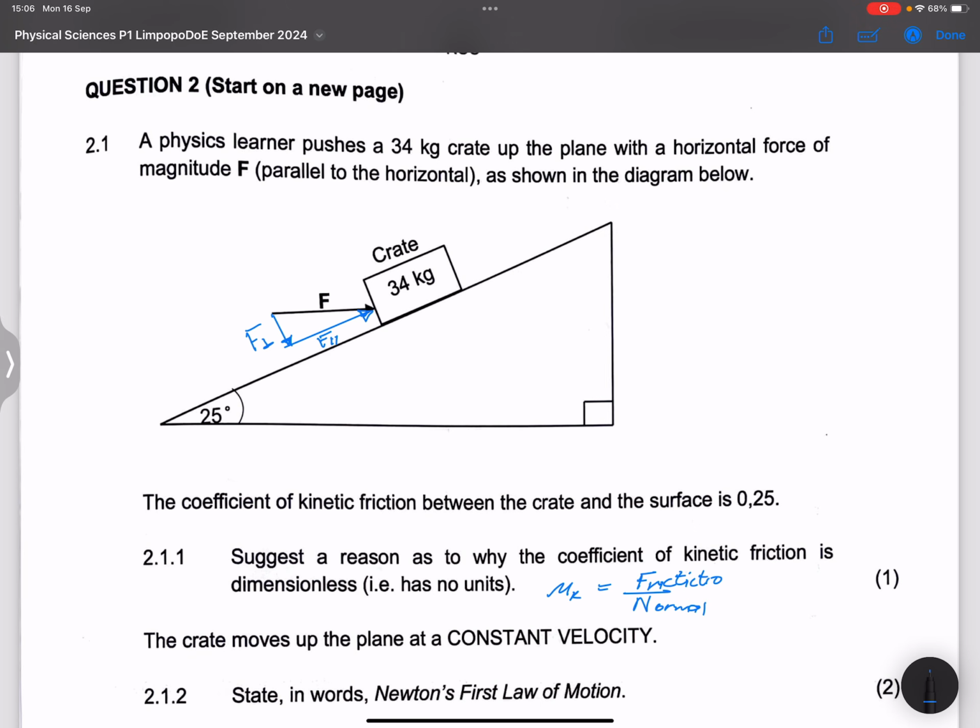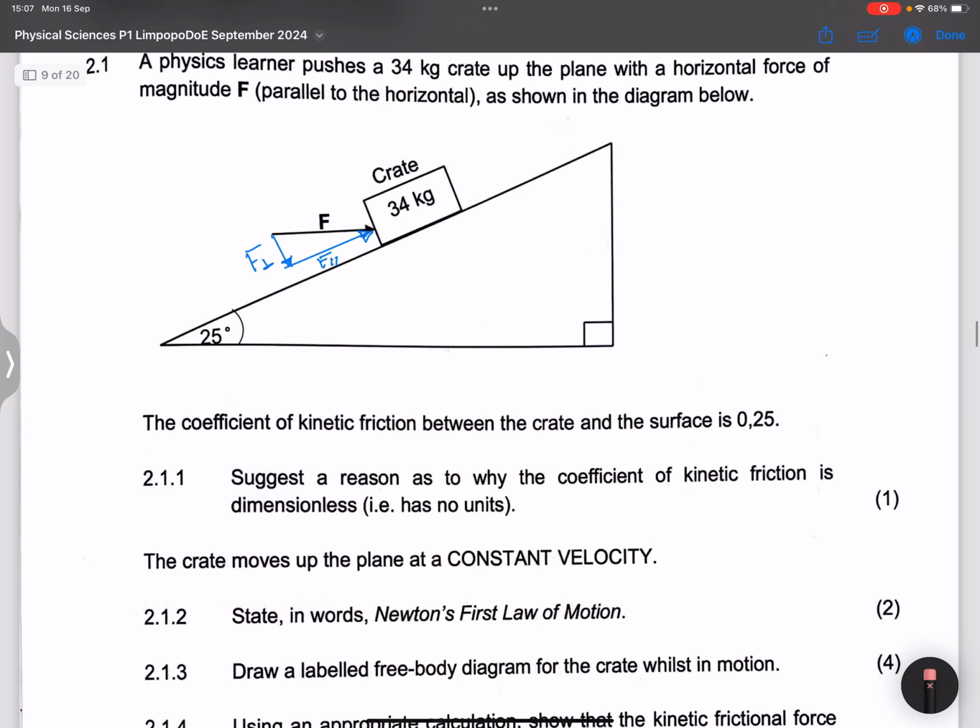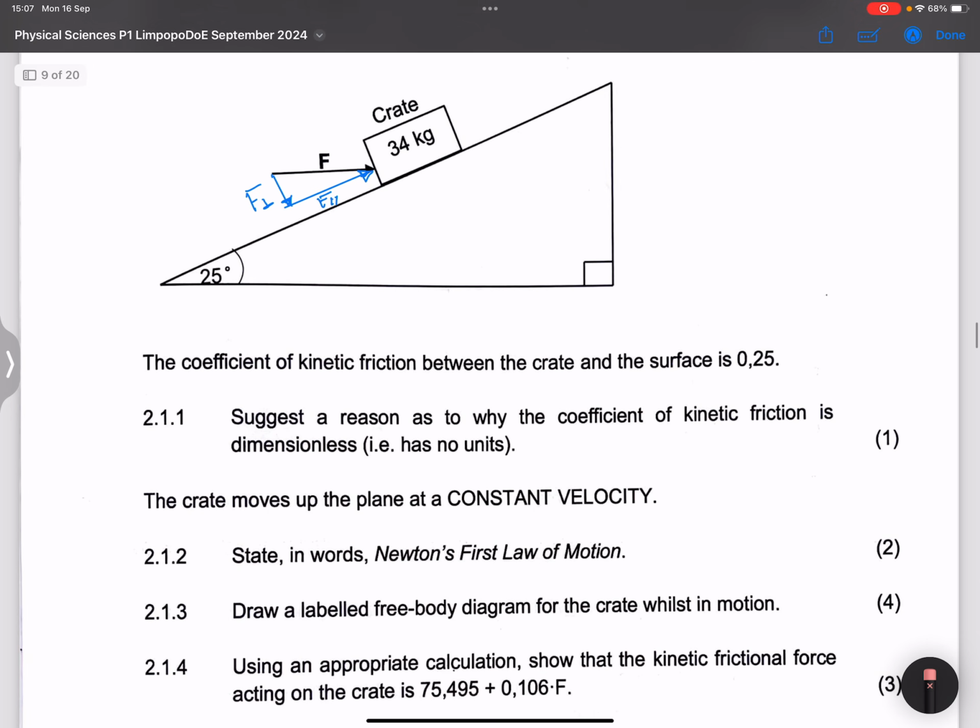So this is force in newtons divided by another force in newtons. Newtons over newtons makes this dimensionless. So all we need to say is that it is a ratio of forces, or even if you said that the SI units of the forces cancel out.